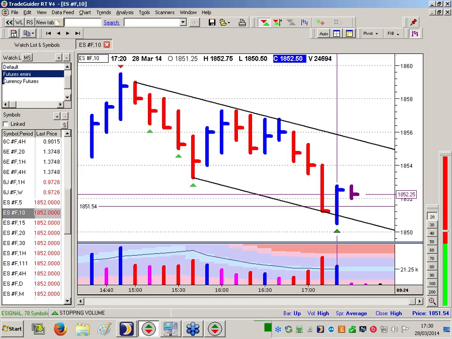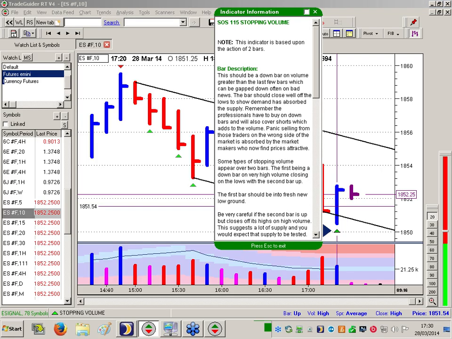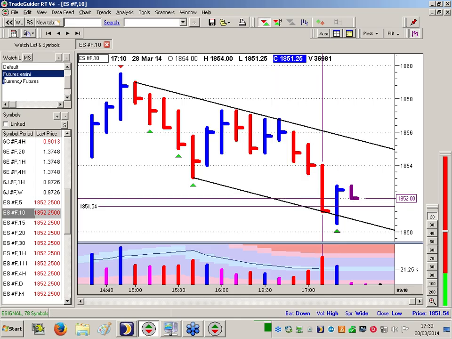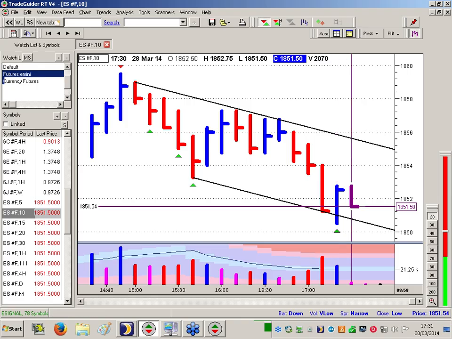And then you would expect support on the lower trend line, exactly which we've got, look. There we are. So we've got some stopping volume. I think the computer's looking at the previous bar, and on that stopping volume we see there, look, it's gone up. So don't be surprised if this doesn't drift up to that top trend line.